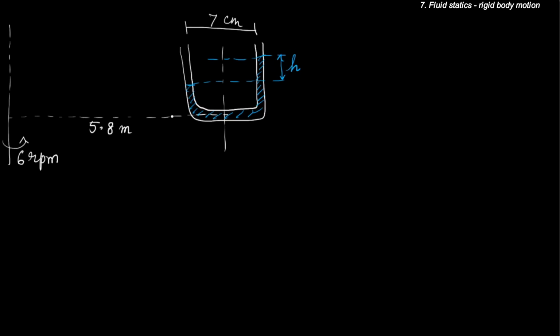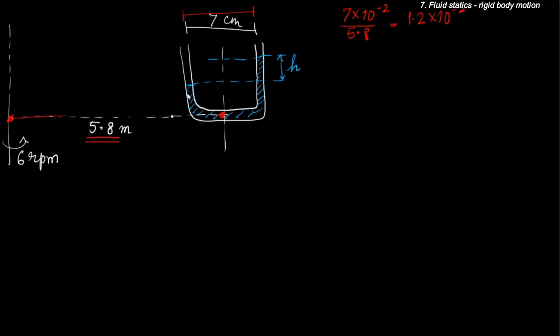Now look, right away we can see that the gap between the two limbs is only 7 centimeter, while the radius or the mean location of the manometer with respect to the axis is 5.8 meter. So it is 7 times 10 to the power minus 2 upon 5.8. This is a very small number. It is approximately 1.2 times 10 to the power minus 2.